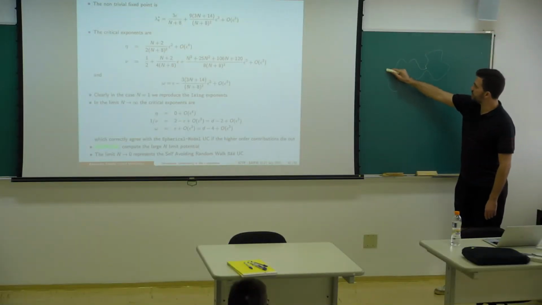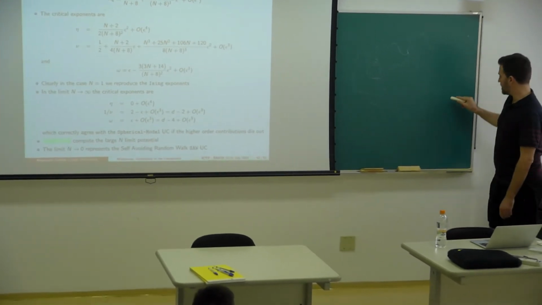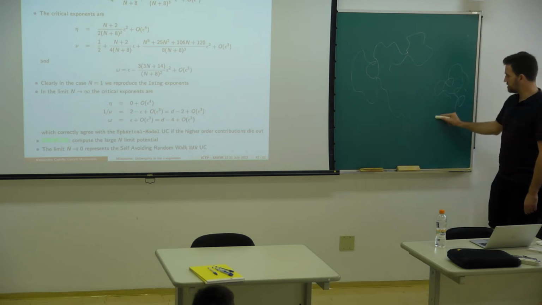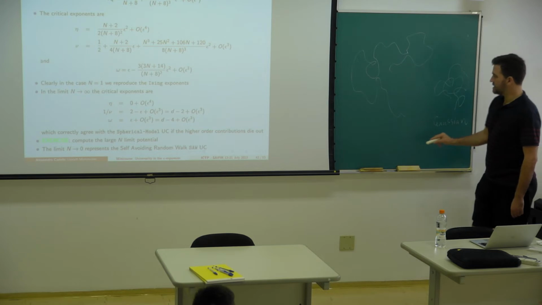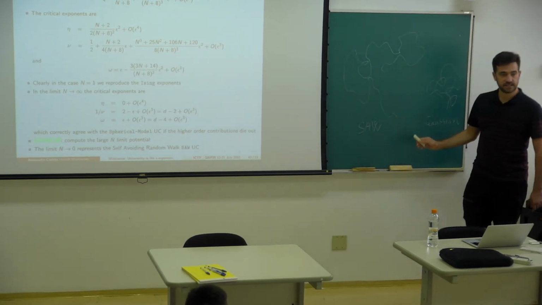So there is a non-local type of interaction. This problem is much more complicated than the Gaussian random walk, which is described by the Gaussian. This is the Gaussian universality class, and this is the self-avoiding random walk universality class.